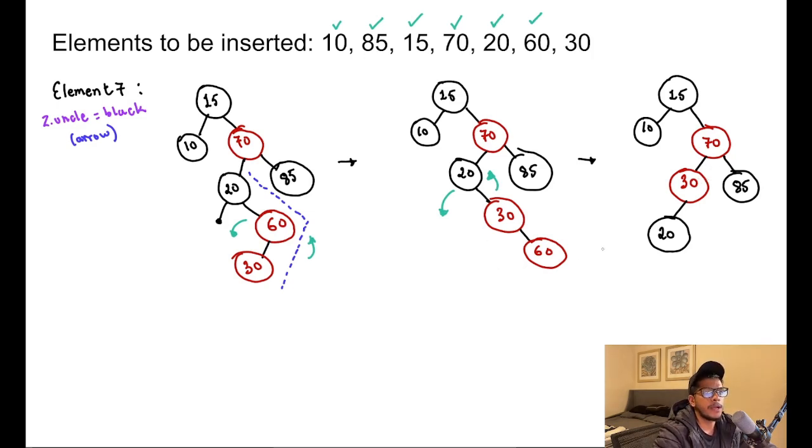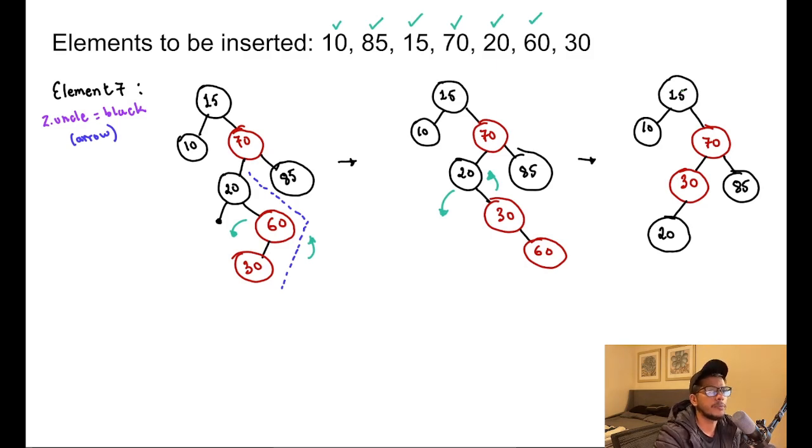So there are a couple of violations happening. We can see that 70 cannot have red children. So we may want to do it a couple of ways. We may want to color 70 black, but then what is going to happen in that way?